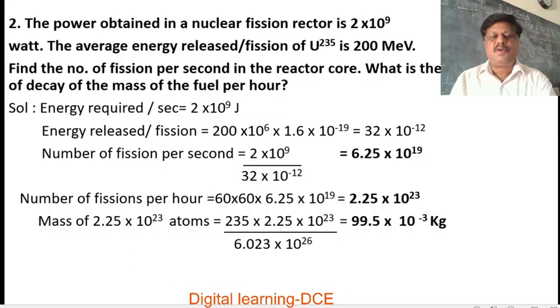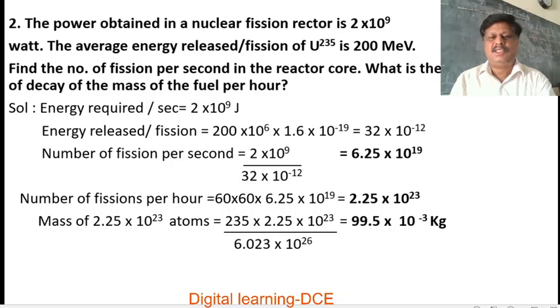Therefore, number of fission per hour. In 1 hour there are 60 minutes and 60 seconds, into 6.25 into 10 power 19 gives rise to 2.25 into 10 to the power of 23 per hour.